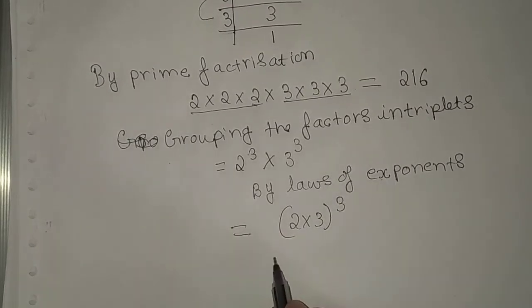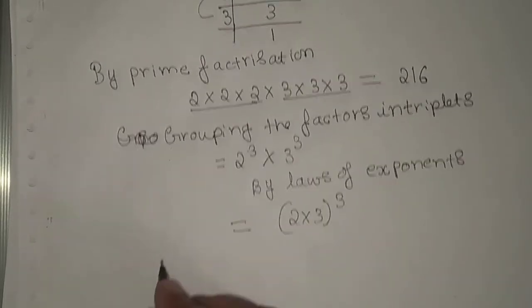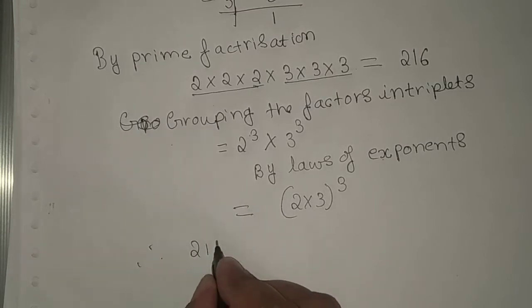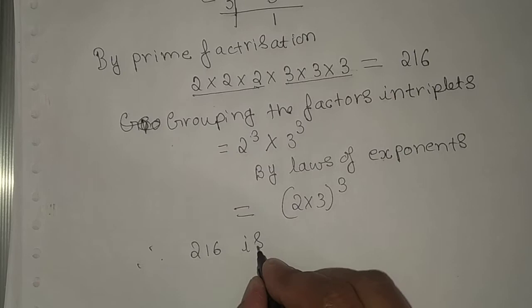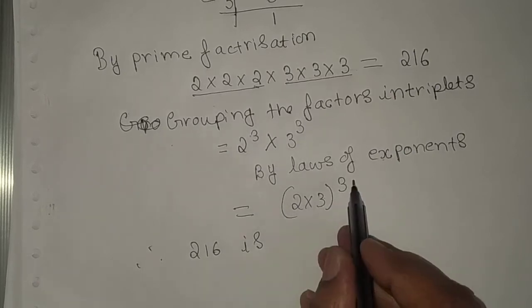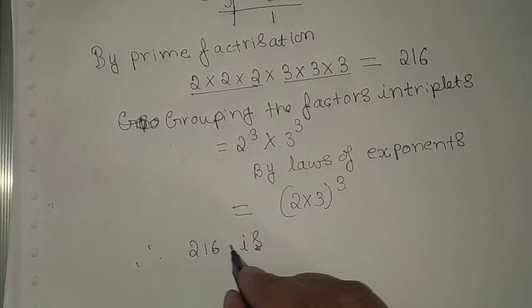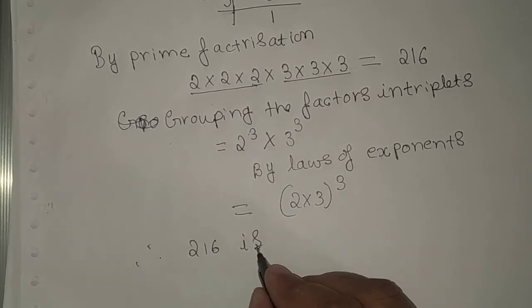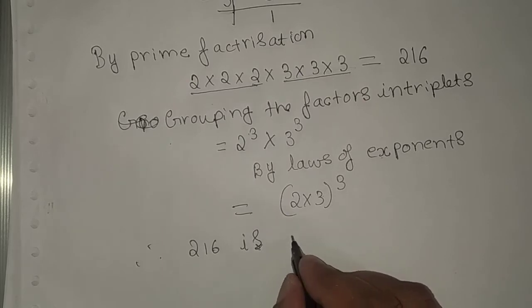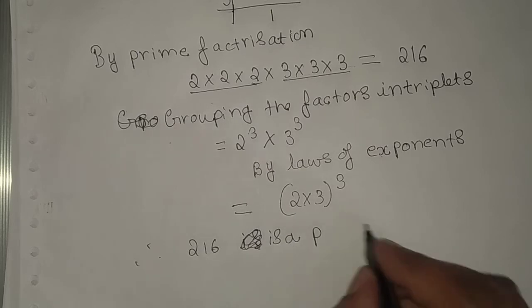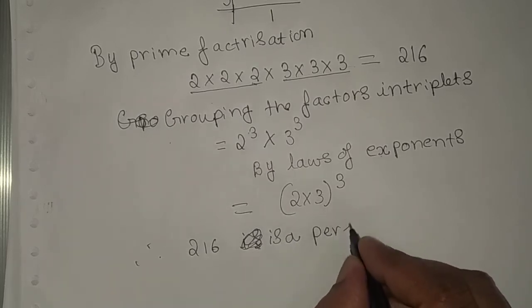This is the law of exponents. So therefore finally what we write, 216 is, multiply this and cube this, then we get back this answer 216. Therefore finally we write, that is 216 is a perfect cube.